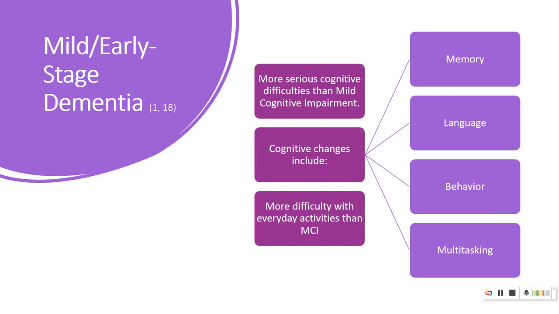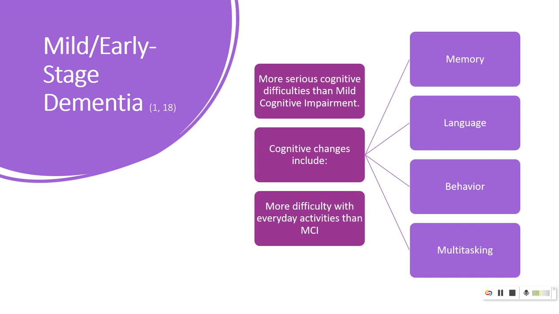There are more serious cognitive difficulties that we're going to see than with the mild cognitive impairment that we talked about. So we start to progress a little bit more with some cognitive difficulties, such as memory loss that might be a little bit more, and difficulty finding the proper word to use when they're talking, or identifying the difference between salt and sugar. They might want to say sugar, but they say salt.